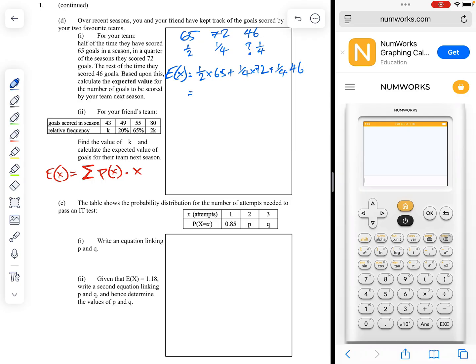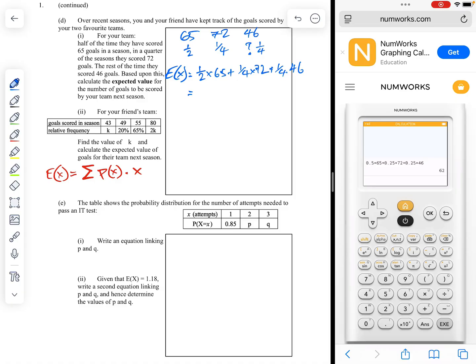So with the calculator, I'm going to do decimals. A half is 0.5. So we're going to have 0.5 multiplied by 65 plus a quarter is 0.25, 0.25 multiplied by 72 plus a quarter, 0.25 multiplied by 46.